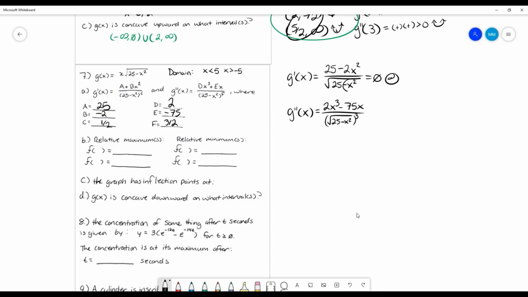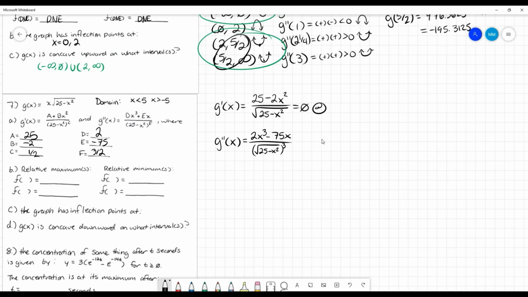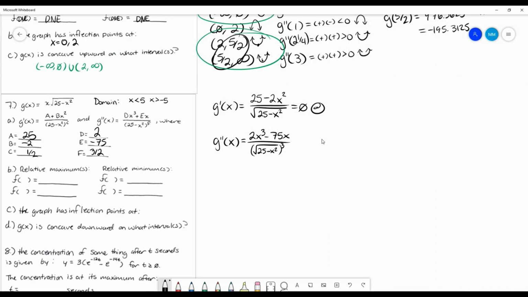Because negative 6 squared would be 36 in here, so it'd be 25 minus 36. I'd get a square root of negative 11. That doesn't work. So it has to be in there. So now keeping that in mind, because remember our critical points are only within our domain, now it's whenever my numerator equals 0.